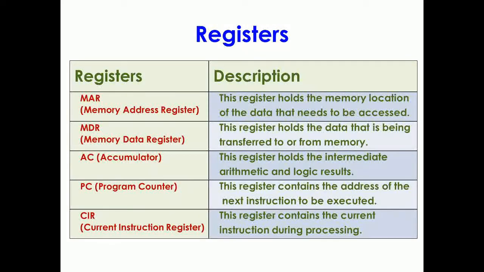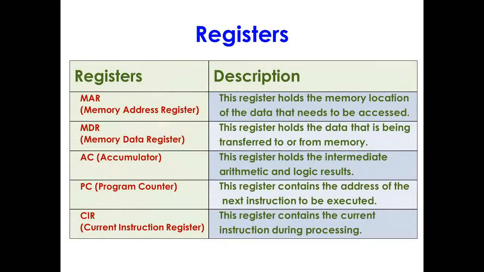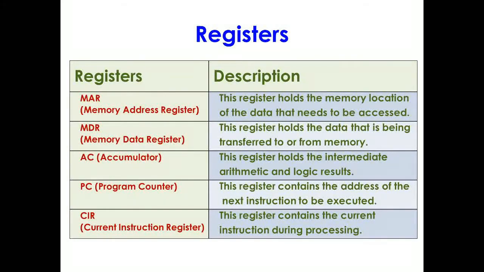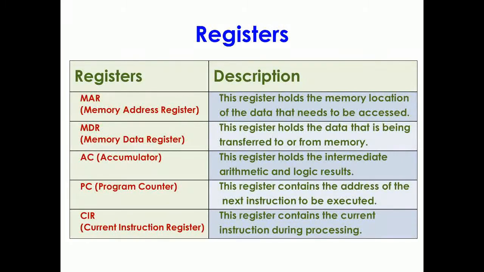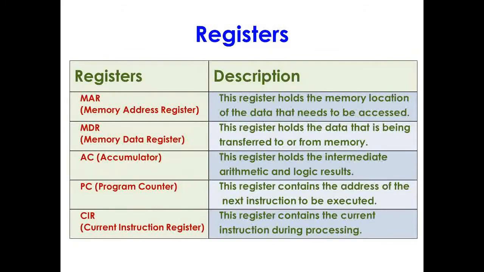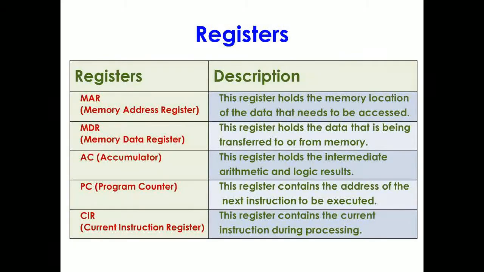Accumulator. This register holds the intermediate arithmetic and logical results. So we talked about the ALU, and the accumulator is actually the register that is used for those arithmetic and logical results. Program counter. This register contains the address of the next instruction to be executed.